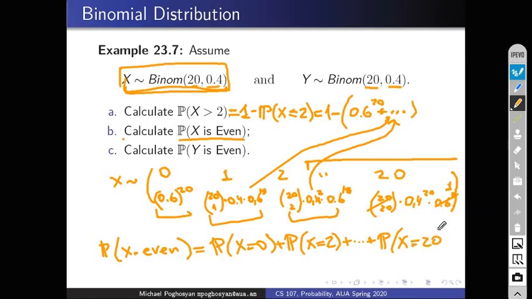So I'm considering only even values here. So we can plug the corresponding values and calculate that.